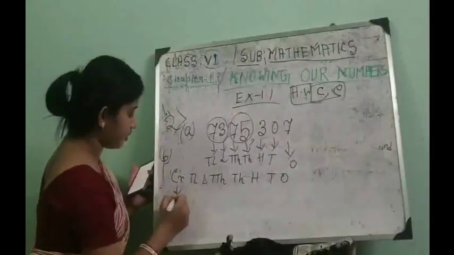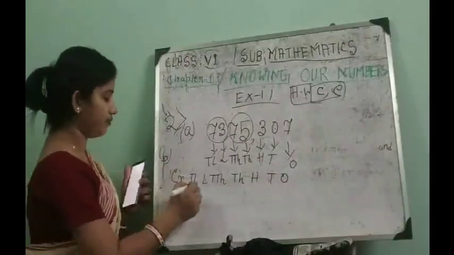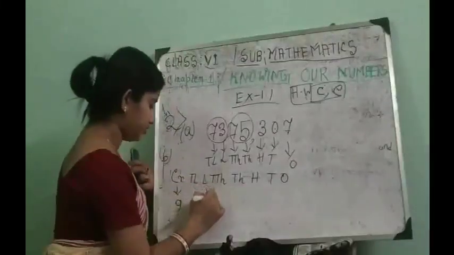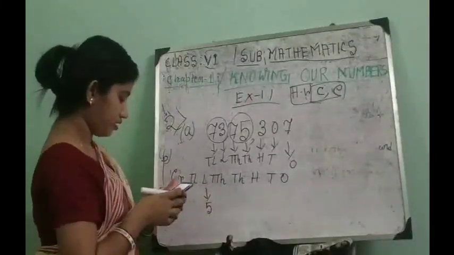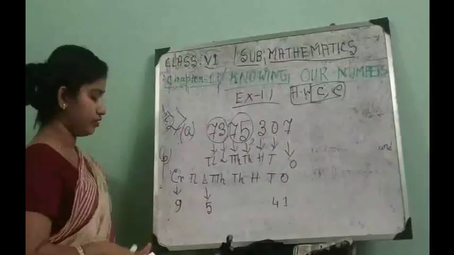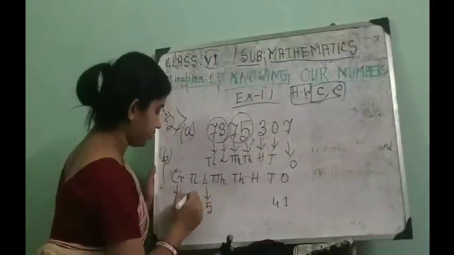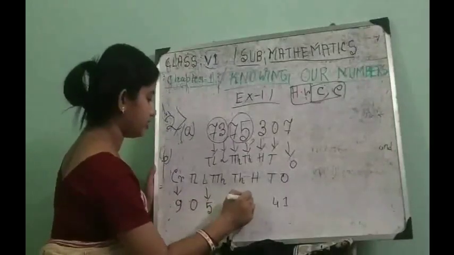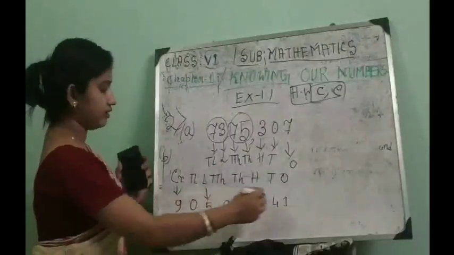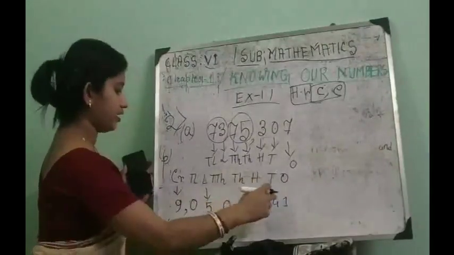So we shall write 9 in crore places. 9 crore 5 lakh 41. 5 lakh, so we shall write 5 in lakh places. 41. And we write 0 in those places: 10 lakh, 10,000, 1,000, 100. So we get this. This is 9 crore, 5 lakh and 41.